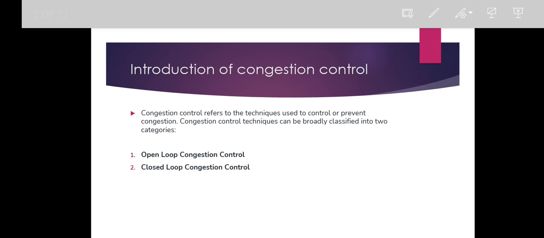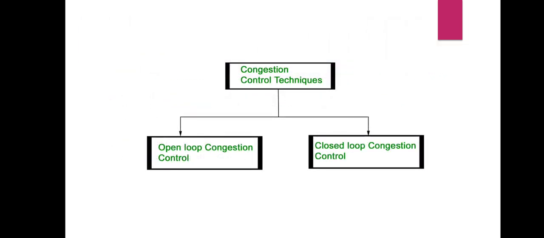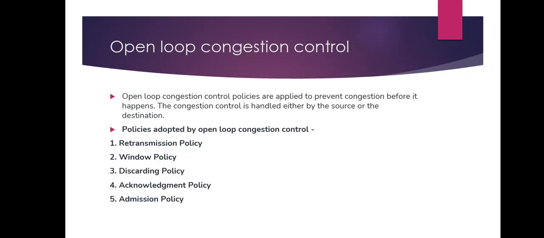There are mainly two congestion control techniques: open loop congestion control and closed loop congestion control. First, open loop congestion control. Open loop congestion control policies are applied to prevent congestion before it happens.